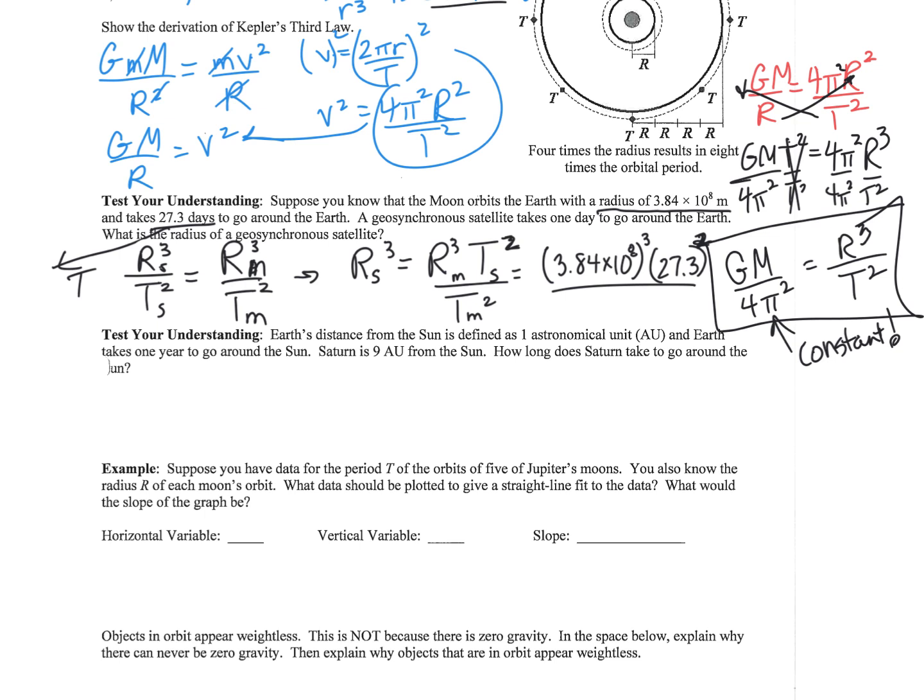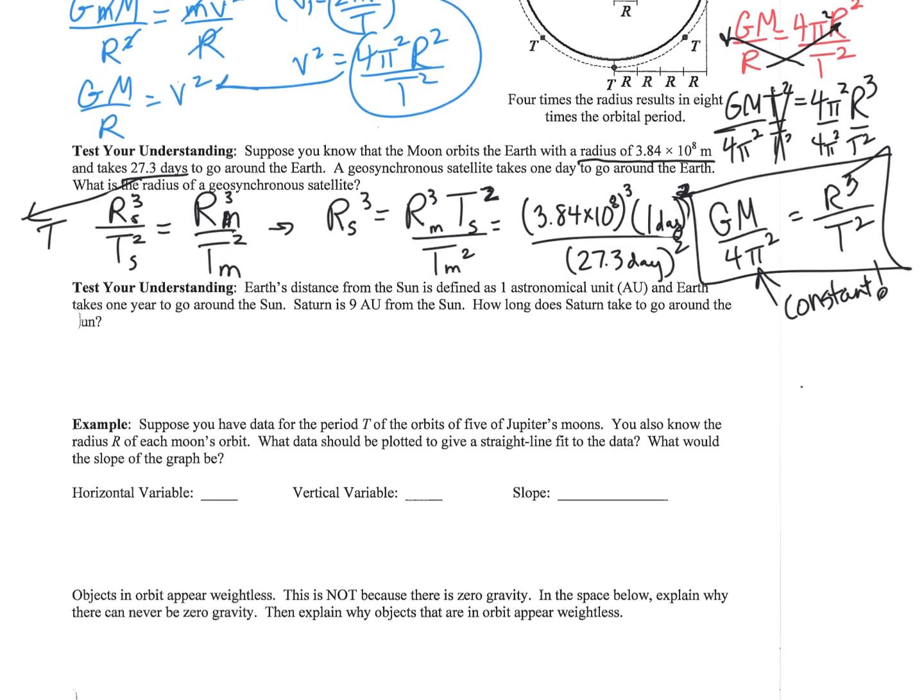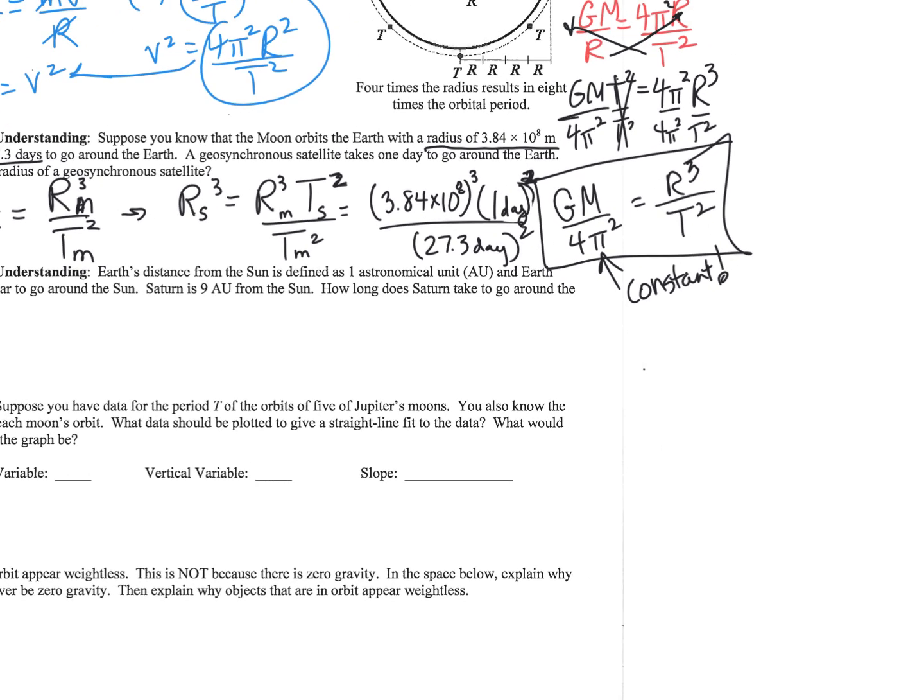Put that in the wrong place. The satellite is 1 day, it's geosynchronous. So that is 1 day, and this is 27.3 days squared. If we do this, then we can figure out, I'm going to have to erase here.